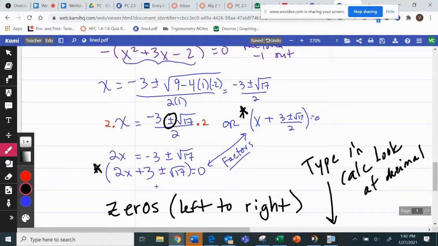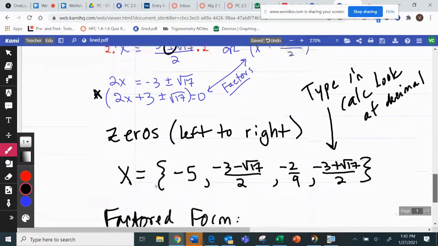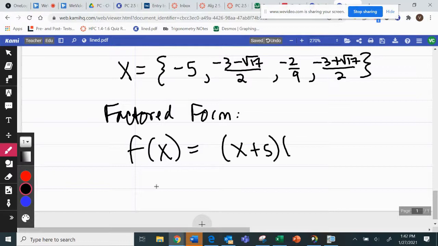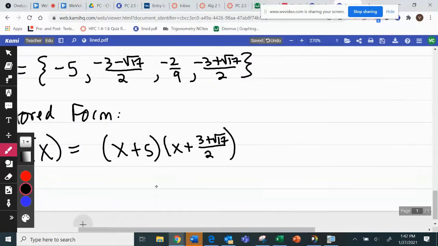We'll do the one with the fraction first. So this one has plus 3, and then it's going to be plus square root 17 over 2, because the factors are opposite of the zeros.